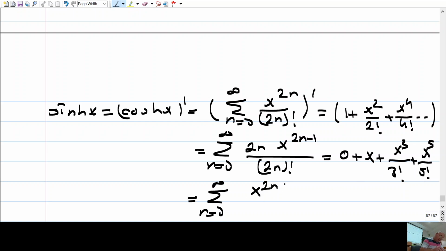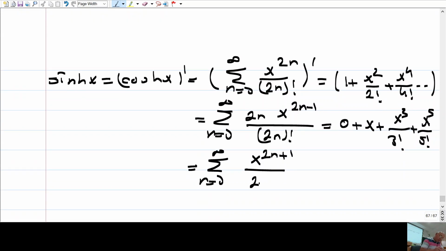So you get x to the power 2n plus 1 divided by 2n plus 1 factorial, right? When n equals 0 you get x, when n equals 1 you get x cubed and so on. So sine hyperbolic x is this.